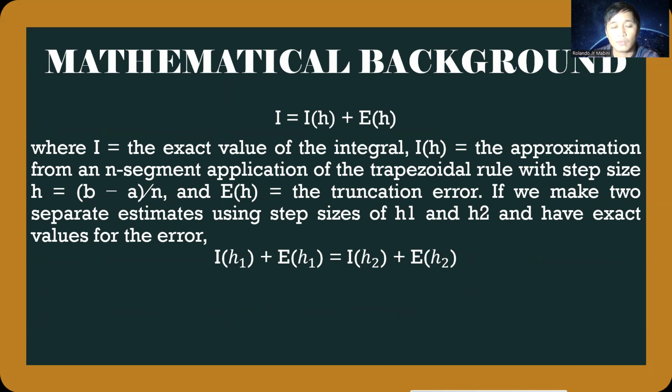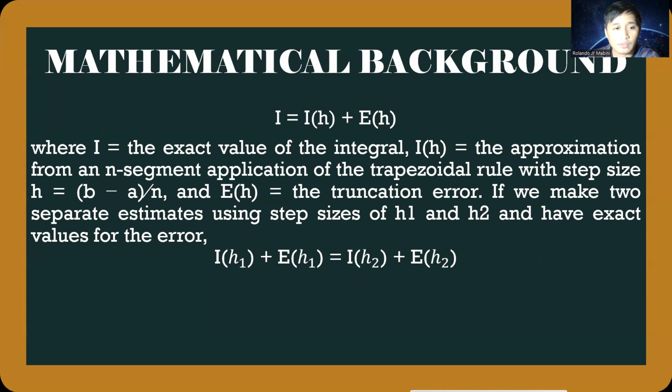I is equal to I of H plus E of H, where I is the exact value of the integral, I of H is the approximation from an n-segment application of the trapezoidal rule with step size H equal to B minus A over N. This H equals B minus A over N is the trapezoidal rule method, which I will be showing in the next slide. And E of H is the truncation error.